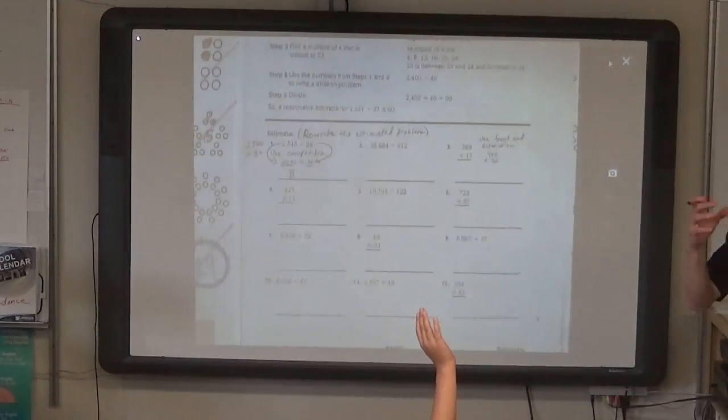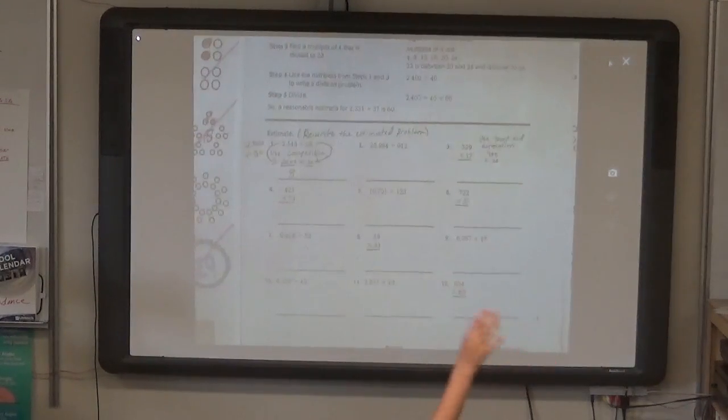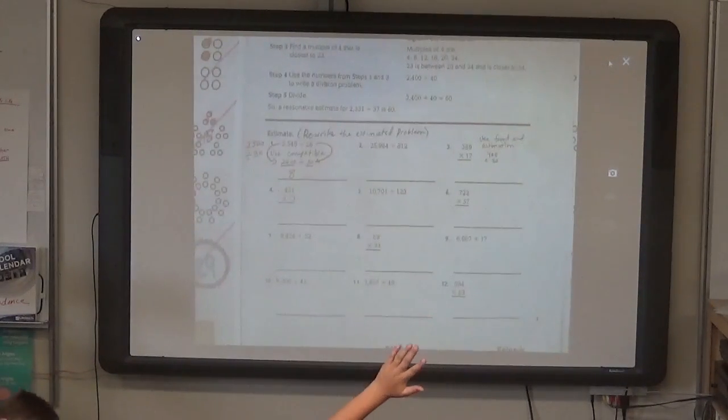When you're multiplying, you put all of the zeros into the answer. When you're dividing, it's more like subtraction. How can subtraction and division be more similar? So what can you do if you're thinking of subtraction and division being similar?